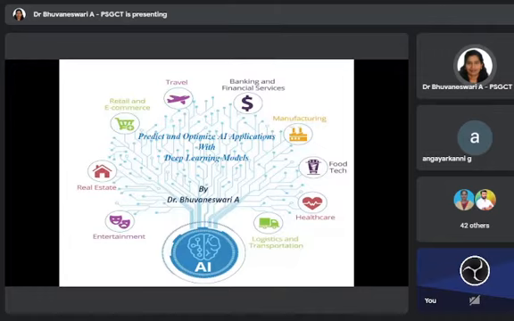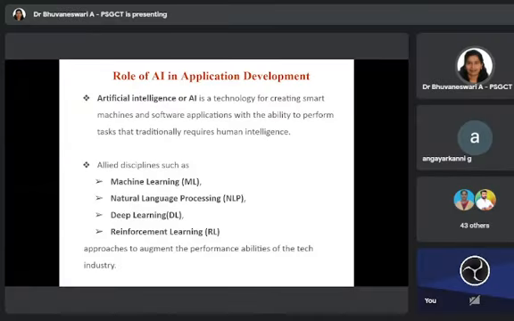So, I'm just beginning with the concept of AI in application development. All of us know that application development, or the development of software packages, involves different technologies, and we have different application areas in which the software development takes place.